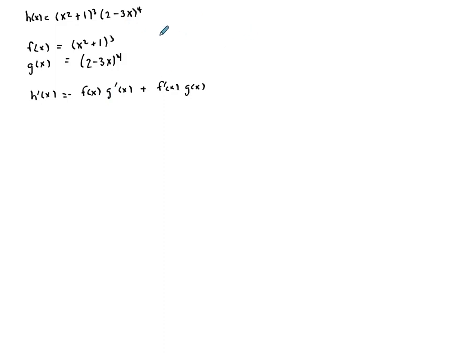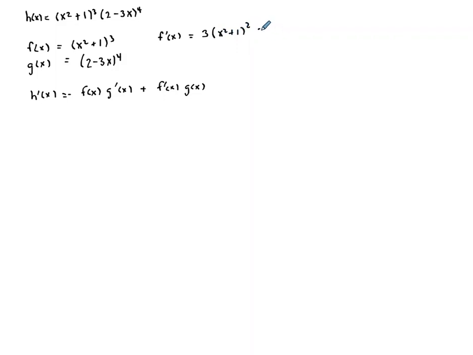Looking up here, we can use the chain rule because this has an exponent over this internal function right here. And in this case, to find the derivative, we take that 3 down just like we would otherwise, and we go 3 times x squared plus 1 squared times the derivative of what's inside, the derivative of x squared plus 1.